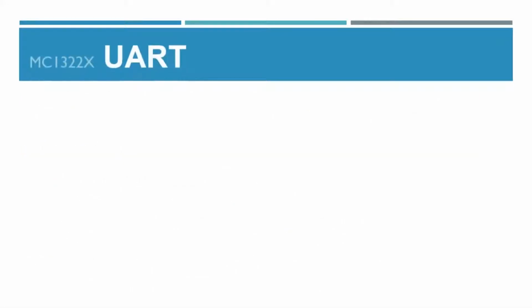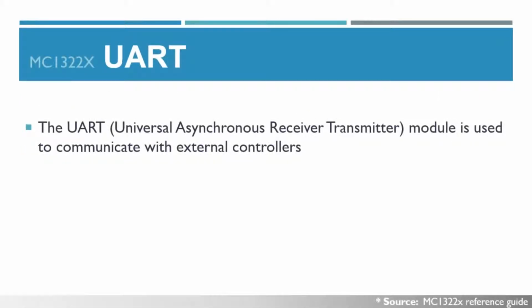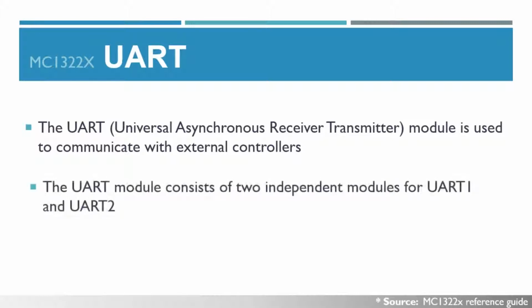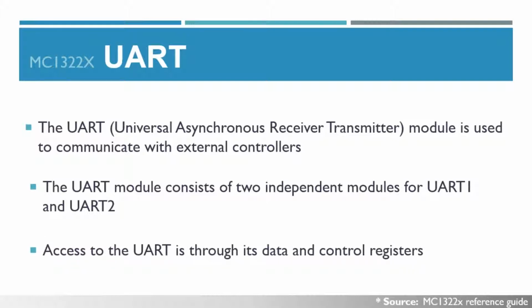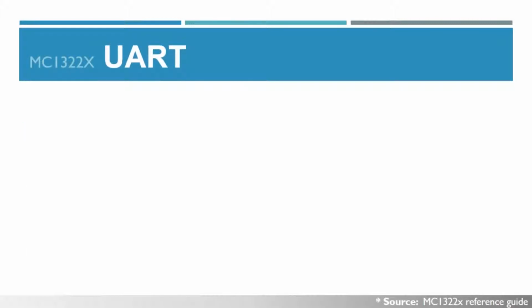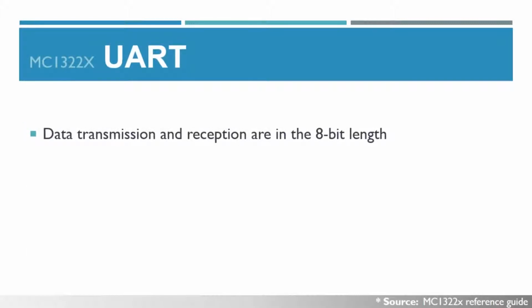In regards to the UART, which is the Universal Asynchronous Receiver and Transmitter module, it is used to communicate with external controllers. The UART module consists of two independent modules, the UART1 and the UART2, as we have seen earlier in the diagram. Access to the UART is through its data and control registers, and data transmission and reception are in 8-bit length.